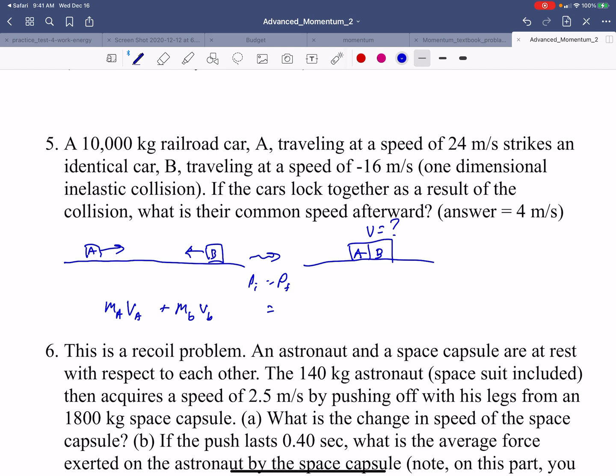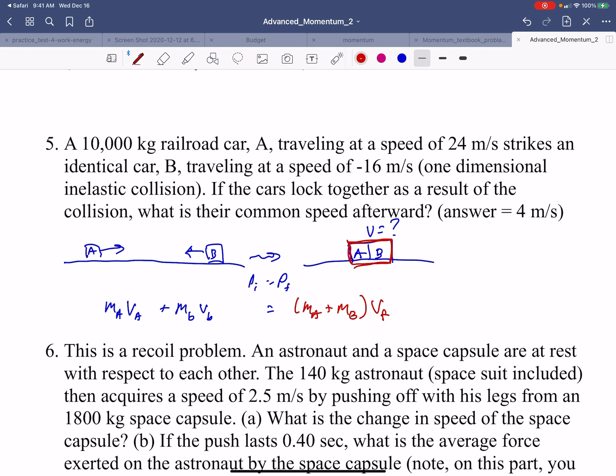They stick together, so this whole thing really functions as one object because they lock together. So this will now be MA plus MB. Since they lock together and travel together, they're only going to have one final velocity.